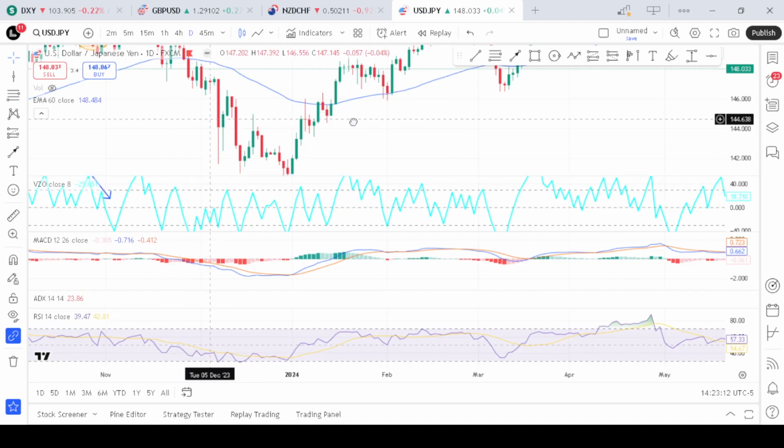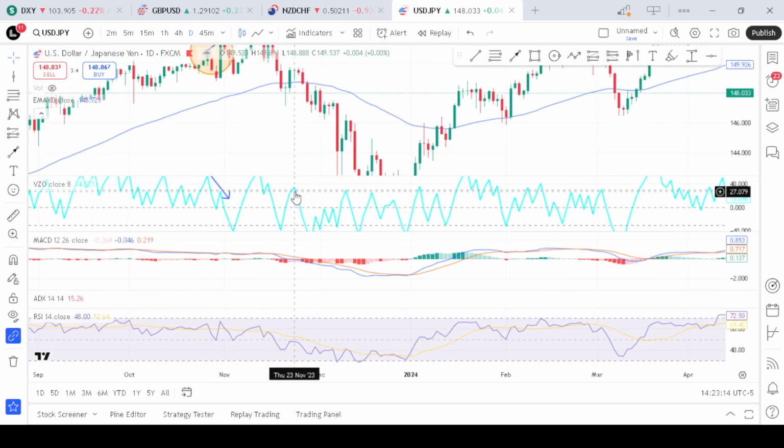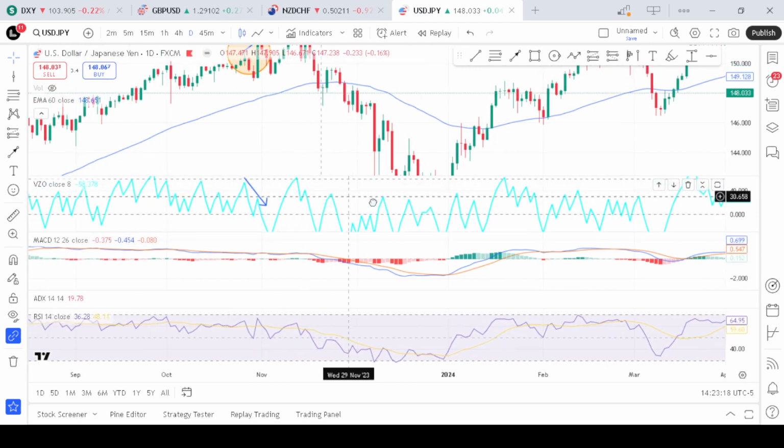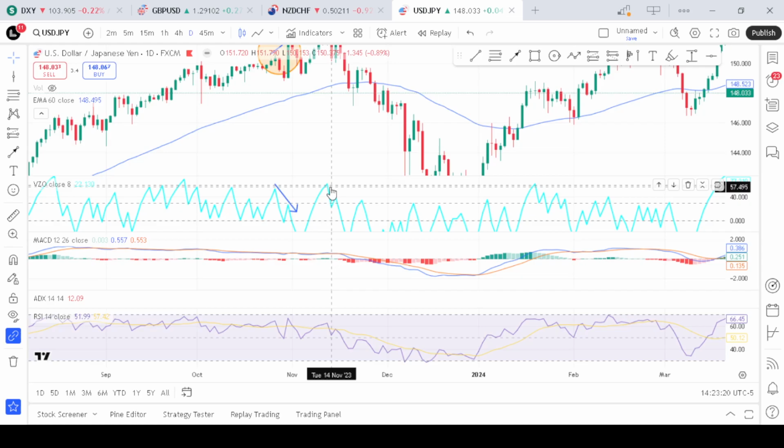This is the area in the chart crossing below positive 40.